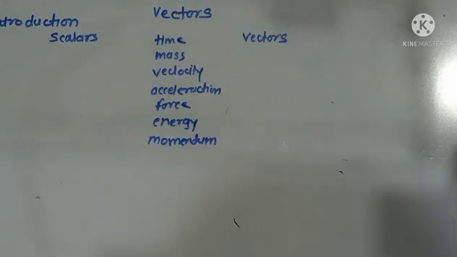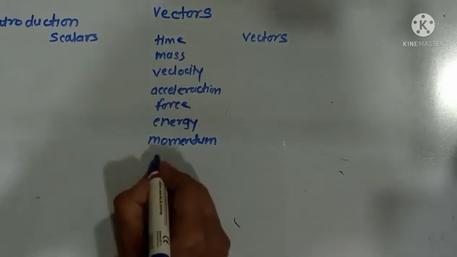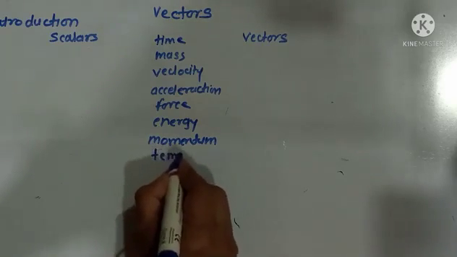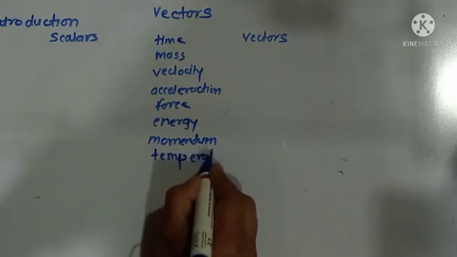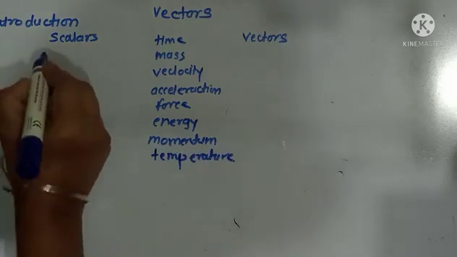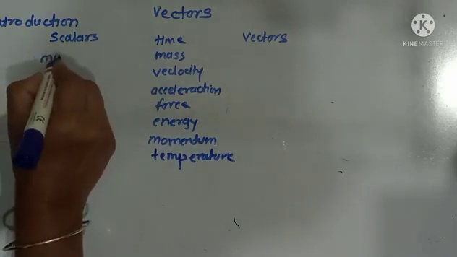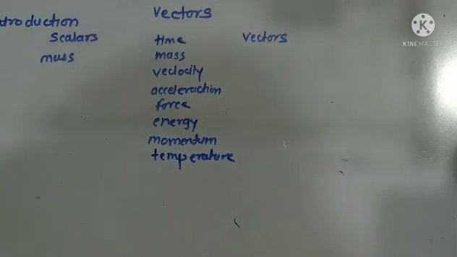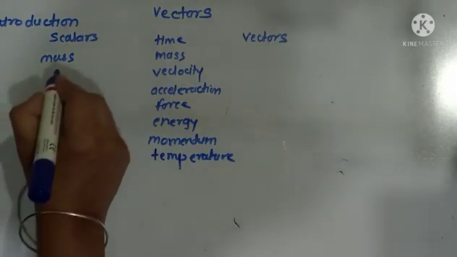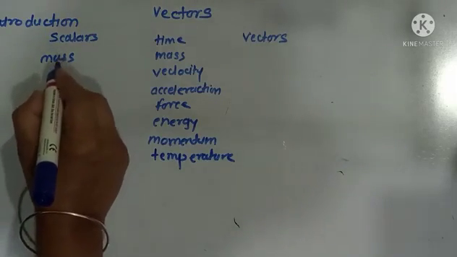The quantities which require only magnitude for their complete specification are called scalars. For example, if I take the example of mass, I can just tell that this much is my mass.